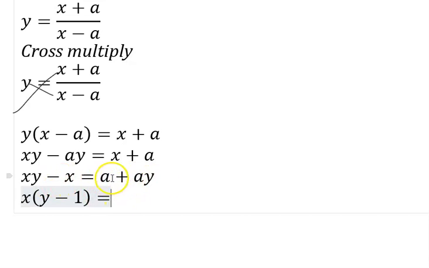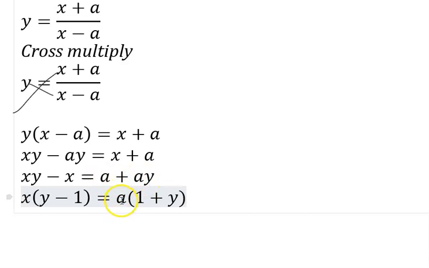If you remove a from here, now a is common also, you'll be left with 1 plus, if you remove a from here, you'll be left with what? Y. Awesome.